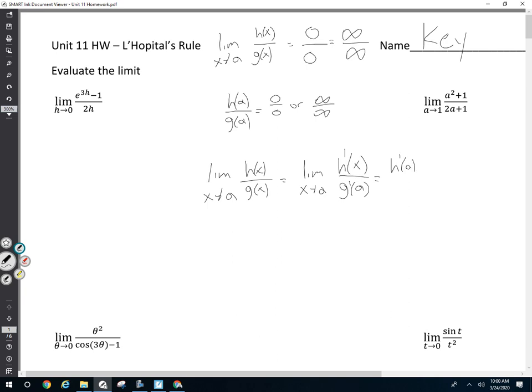Typically you will be able to after one derivative, but sometimes you won't. If this is 0 over 0 again, then you continue to take derivatives, the second derivative.